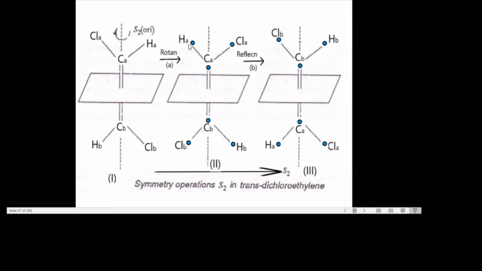Carbon A, hydrogen A and chloride A will be reflected to the place of carbon B, hydrogen B and chloride B. At the same time, carbon B, chloride B and hydrogen B will be reflected to the place of carbon A, chloride A and hydrogen A. So, the resulting structure will be like this, and this is our structure number 3. So from structure number 1 to structure number 3, it is the complete operation of S2, the improper axis of rotation.